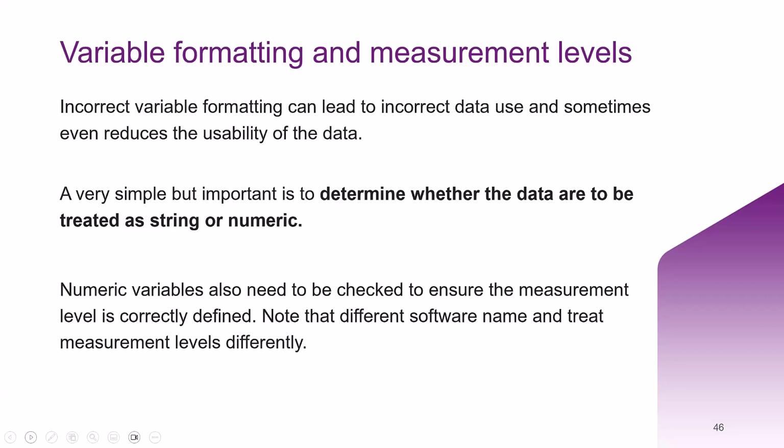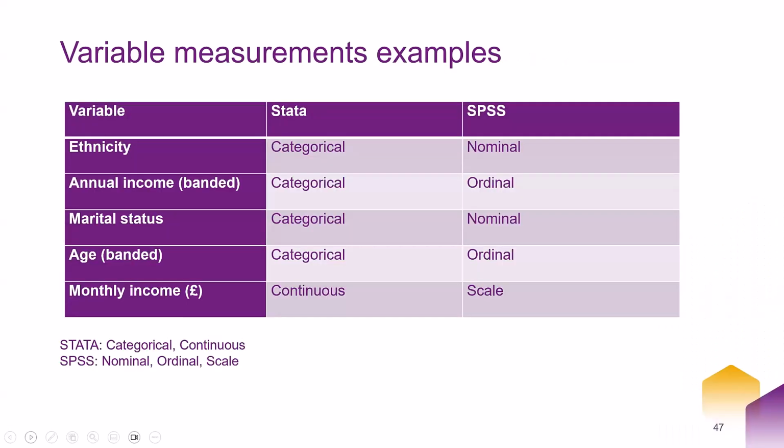Now, it's really important to determine whether the data are treated as string or numeric, because secondary researchers might not realize that. They should, I know they should, but they might not. And to bear in mind is a lot of this data might be used for teaching purposes as well. So people that are brand new and they do want to learn statistics. So making sure that we do have the correct type of measurements set up in our files is really important.